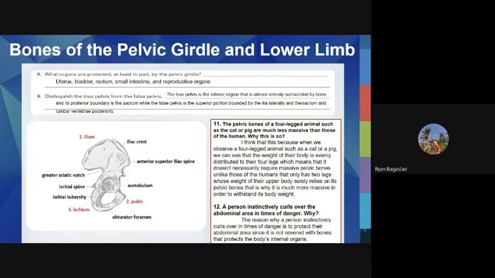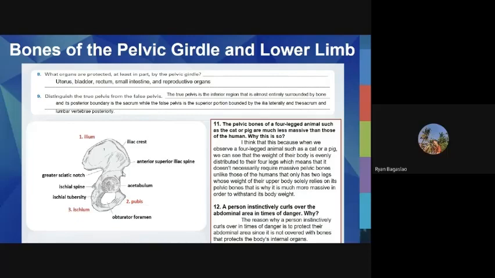I think this is because when we observe a four-legged animal such as a cat or a pig, the weight of their body is evenly distributed to their four legs, which means it doesn't necessarily require massive pelvic bones, unlike humans, who only have two legs, whose upper body weight solely relies on the pelvic bones. So that is why they are much more massive, in order to withstand the body weight.